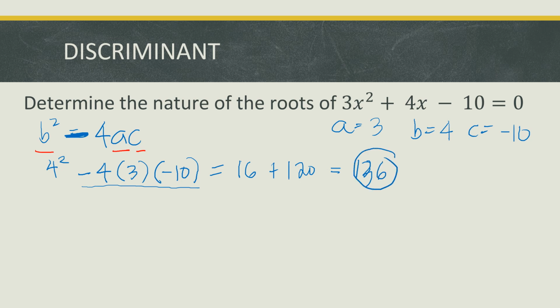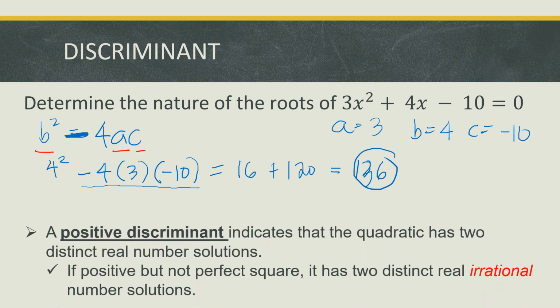This is a positive number, but it is not a perfect square. Therefore, the roots of 3x squared plus 4x minus 10 equals 0 are two distinct real irrational number solutions. So that is the difference between a perfect square positive discriminant and a not perfect square positive discriminant.